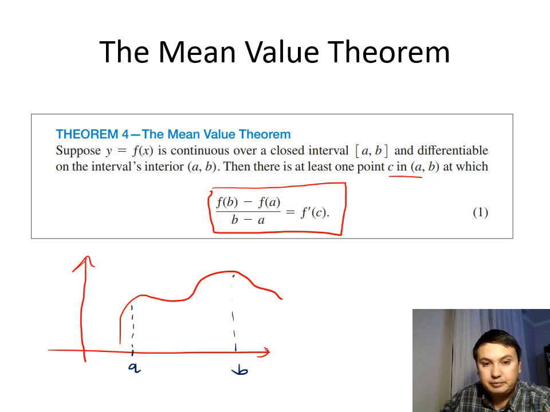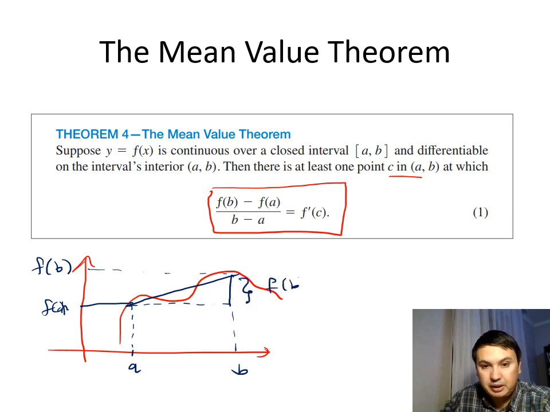This is my f of A, and here's my f of B. This part is my f of B minus f of A, and this part right here is B minus A. So I'm dividing f of B minus f of A by B minus A. This is nothing but the tangent of this angle right here.